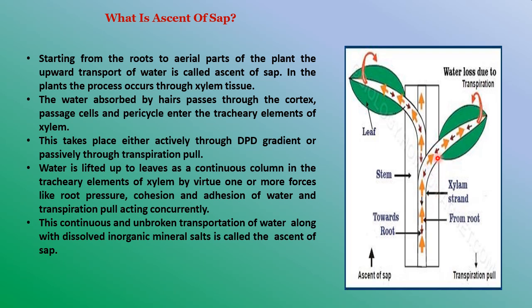This takes place either by active absorption through the DPD gradient, or by transpiration pull. Water is lifted up to the leaves as a continuous column in the elements of xylem. You can see here there is transportation of water without any breaking, and the continuous and unbroken transportation of water along with dissolved organic and mineral salts is called ascent of sap.